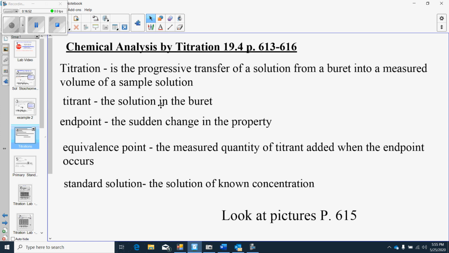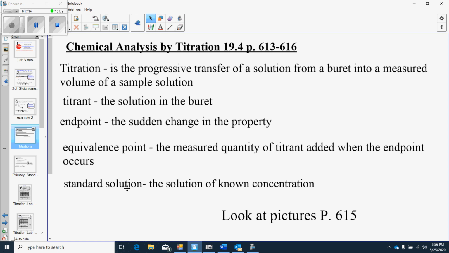Titrant is what we put in the burette. End point is when we have equal moles of our acid and base, right? So we have that end point. pH is often how we measure our endpoint. Equivalence point is volume. So how much of your titrant did you have to add in order? So it's a volume measurement in order to find your endpoint.